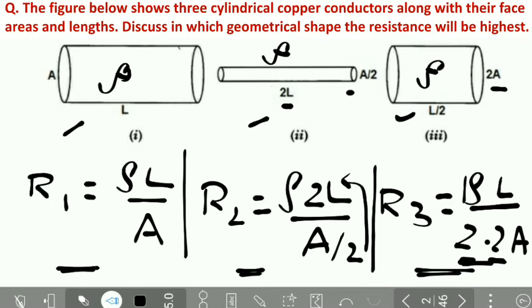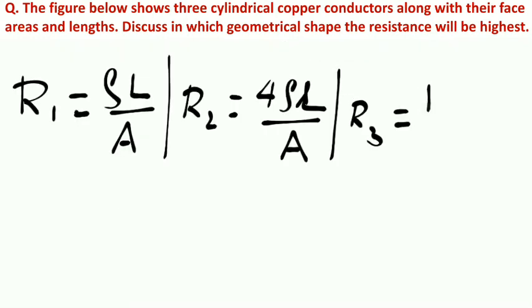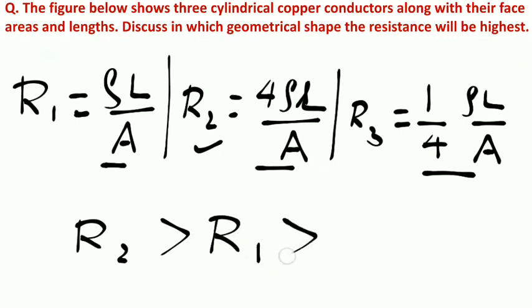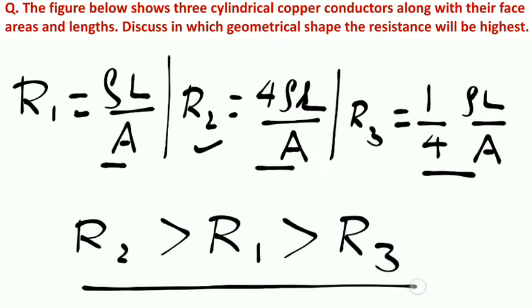So this becomes 1 upon 4 times rho L upon A. Now you can clearly see the first is rho L upon A, the second is 4 times rho L upon A, and the third is 1 by 4 rho L upon A. So we can say that R2 is the highest, then comes R1, and at the last comes R3. This is the order.